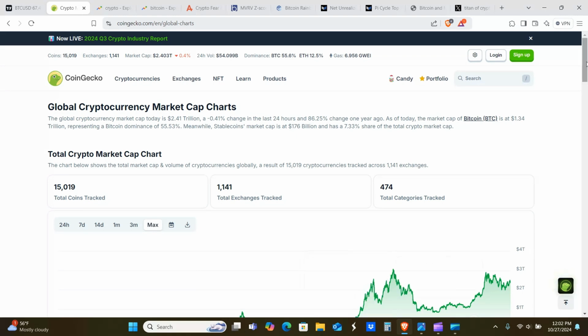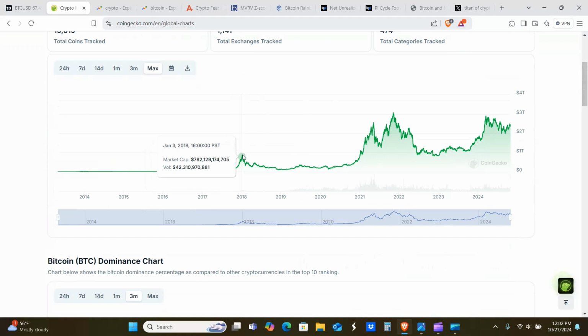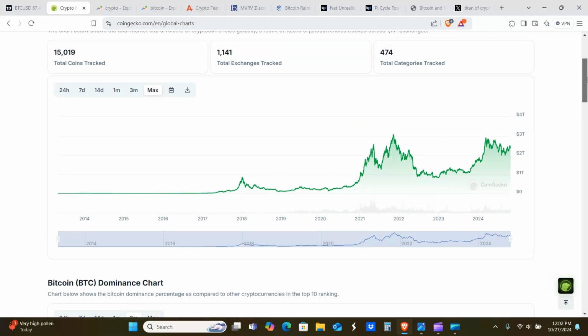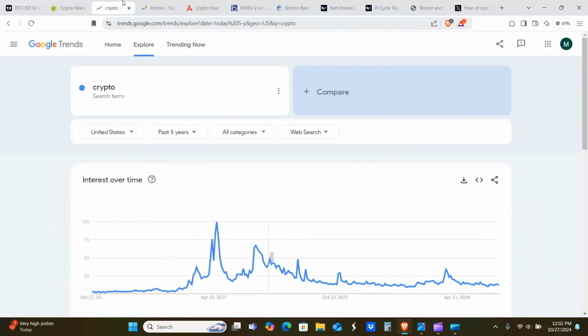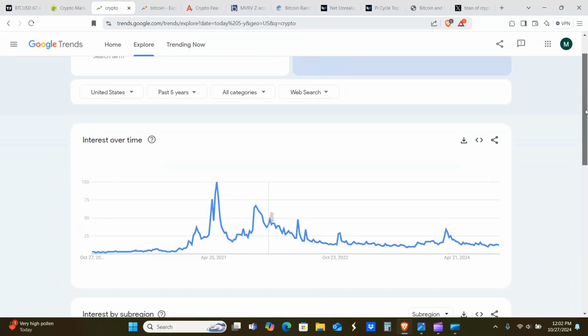So it would make perfect sense for it to do new all-time highs. As you can see, that cycle before that, it did massively outperform 2017. Comparing 2020 to 2017, the market cap was much bigger. So I don't think 5 to 10 trillion is really out of the question here. Okay, so crypto and Bitcoin, a 5-year search term on the Google Trends.